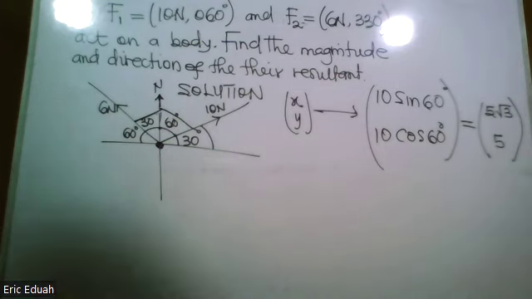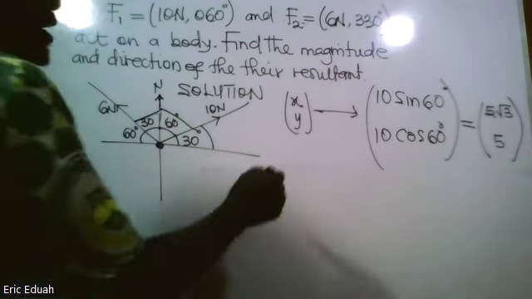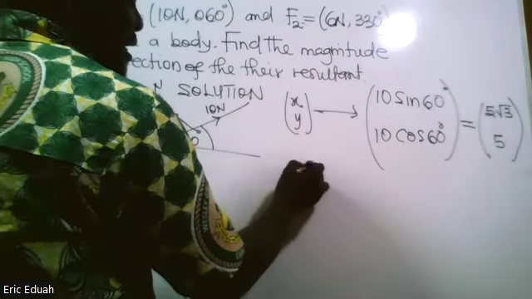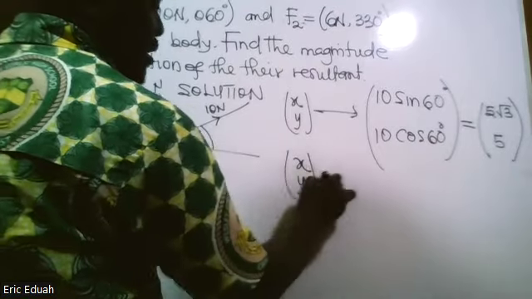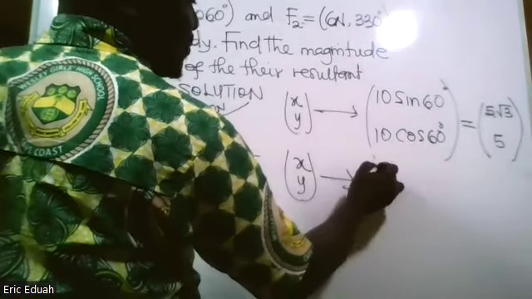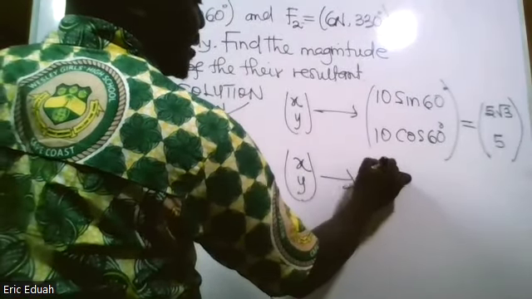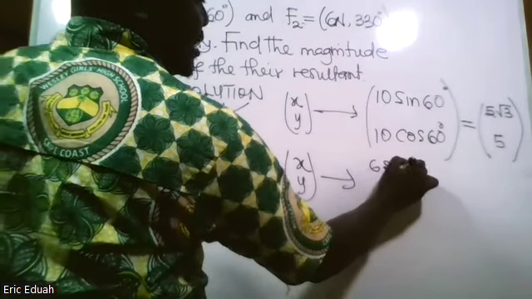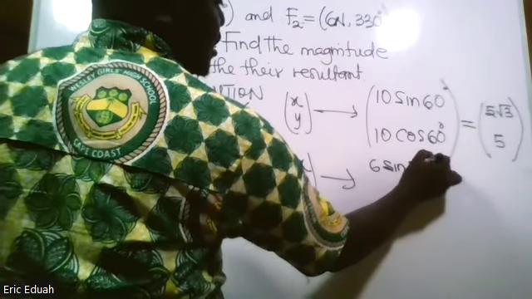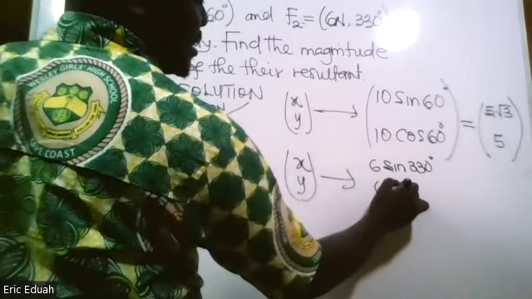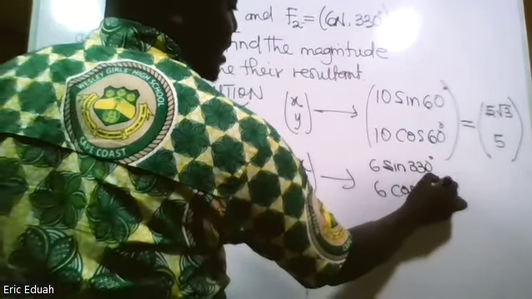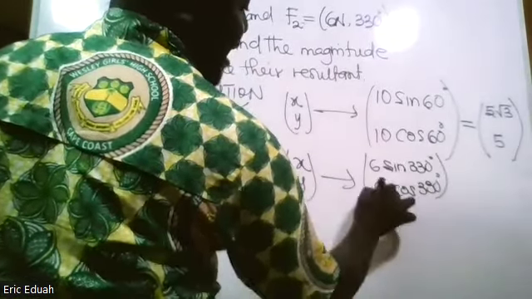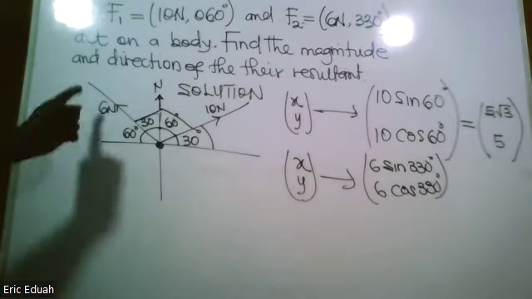Then let's pick the other one. The other one can be directly resolved, and the x and y components will simply be 6 sine 330 and 6 cos 330, or the other ways we have studied.